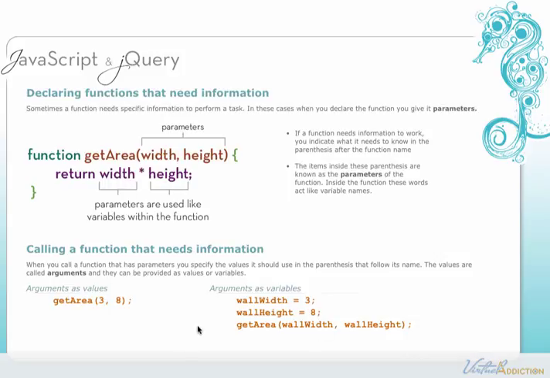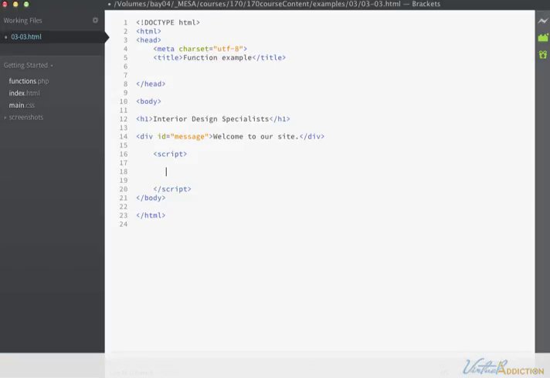In this example down here, you can see that the getArea function is being called and the code specifies real numbers that will be used to perform the calculations, or variables that hold real numbers. These values that you pass into the code, the information it needs to calculate the size of this particular wall, are called arguments.